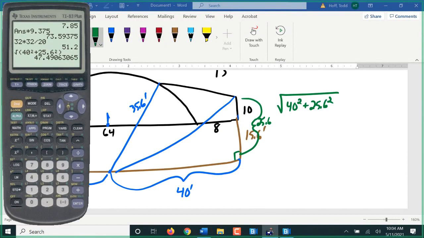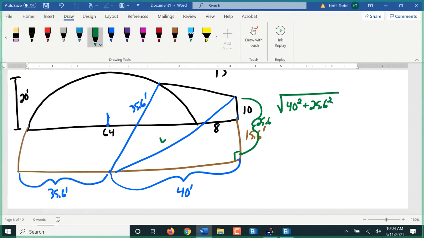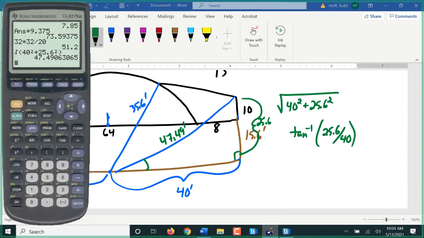Giving us 47.49 feet across here. This angle here is just going to be the inverse tangent of the opposite side, which is the 25.6, over that adjacent side of 40.